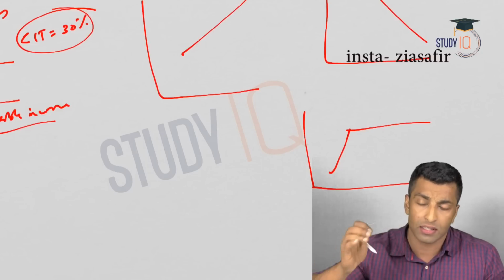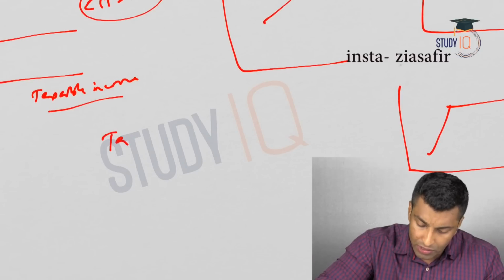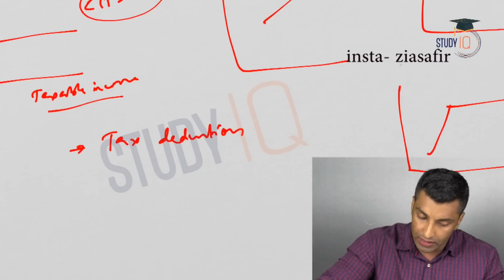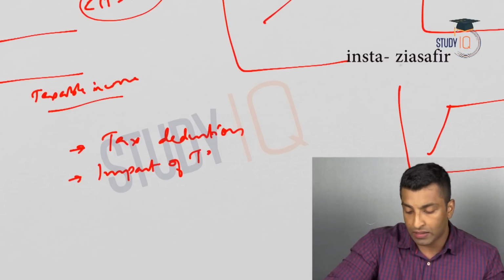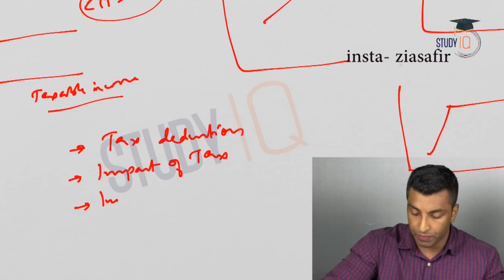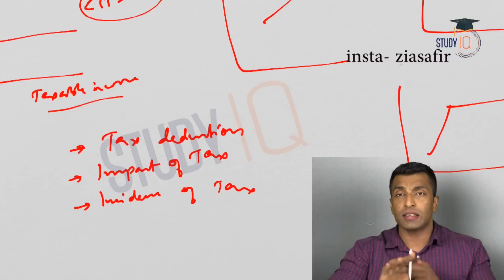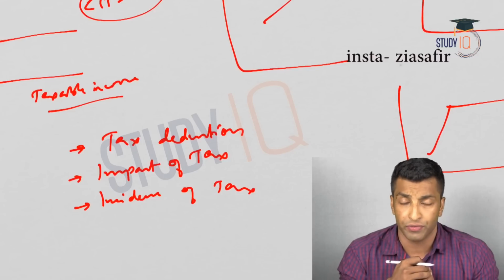Okay, so this we have discussed, and then we have also discussed certain concepts like tax deduction. Okay, we have discussed about impact of tax. We have also discussed about incidence of tax. So these are the terms and concepts that we actually covered in our first video.